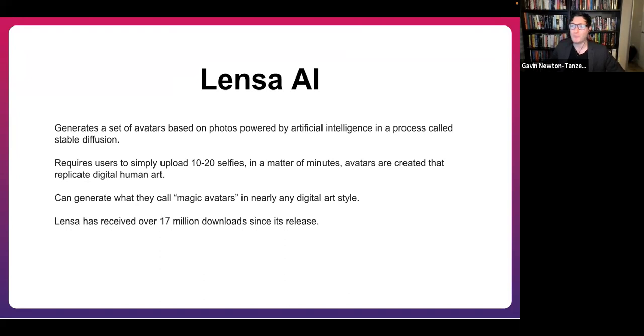It's almost like hiring a personal artist and asking them to create you a vision of you as Superman, for example. And so it analyzes your own selfies that you upload and then can turn you into basically a magic avatar. So just for fun, and I should mention that Lensa received 17 million downloads and basically took over Instagram for a great deal of time, about 6 weeks ago, maybe a little bit longer.